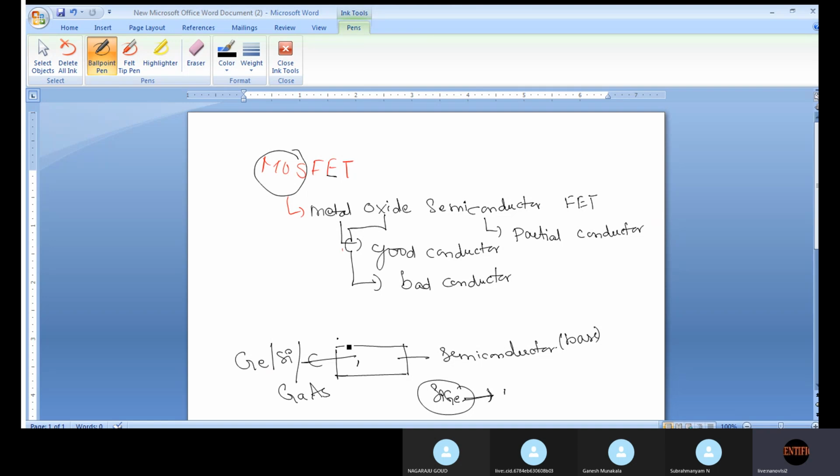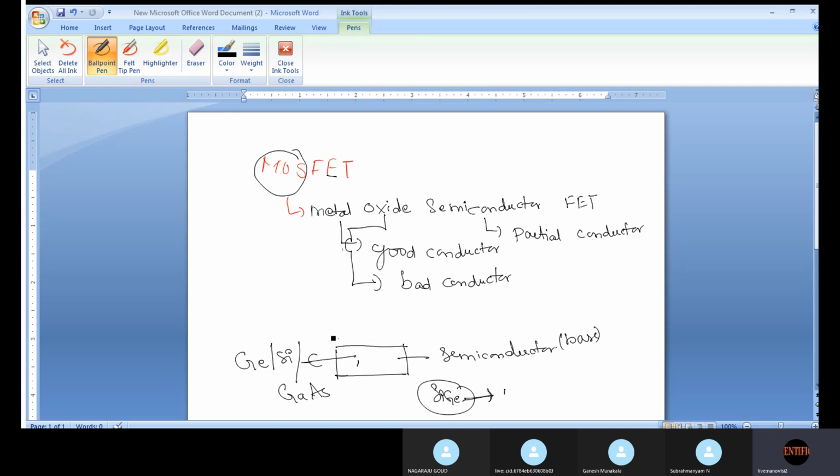On the semiconductor only, we will be integrating all the components. I told you, whatever the active and passive components are, everything will be integrated on the semiconductor. The main things are the transistors, which we will be forming on the semiconductor.